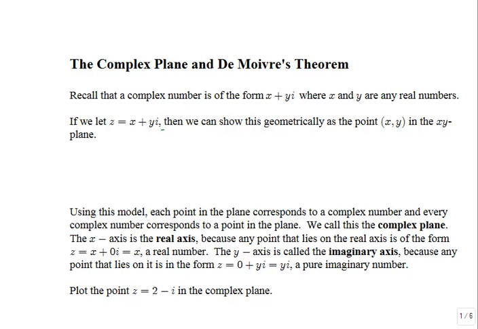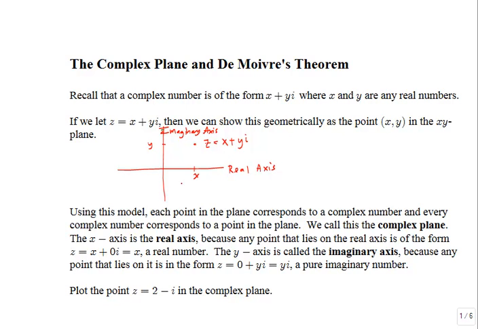So imagine drawing your axes and using x along the x-axis and y along the y-axis, and labeling this point z equals x plus yi. The x-axis we're going to call the real axis, and the y-axis we're going to call the imaginary axis.